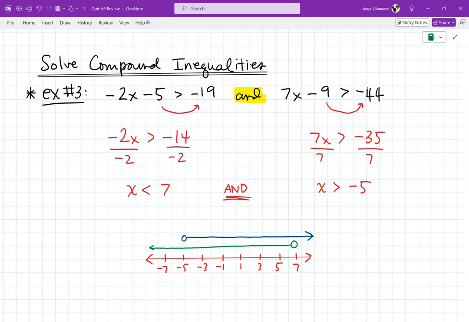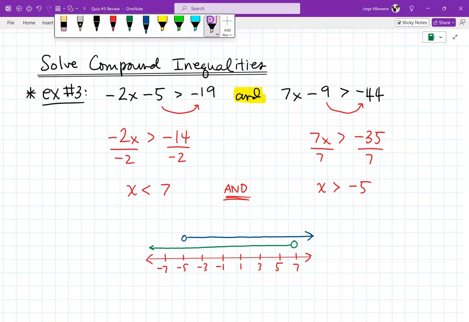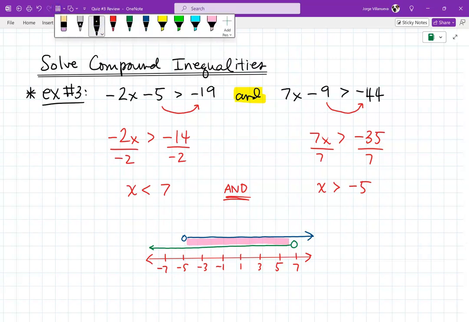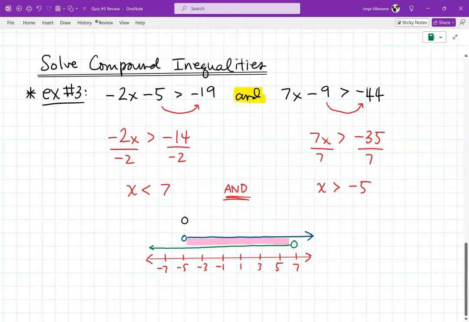Whatever they have in common. So let me highlight what they have in common. You guys agree that's what they have in common right there? So your final answer, I'm going to put it in black here. It's going to look like this. Just like that. Okay? That's your final answer.